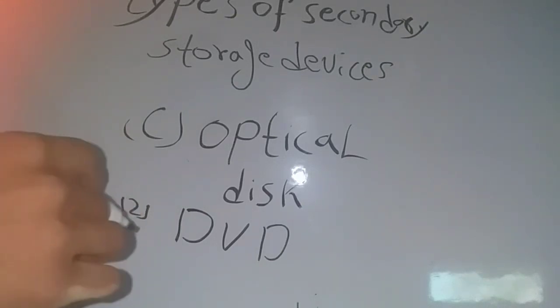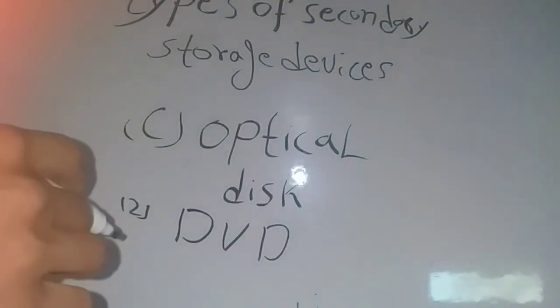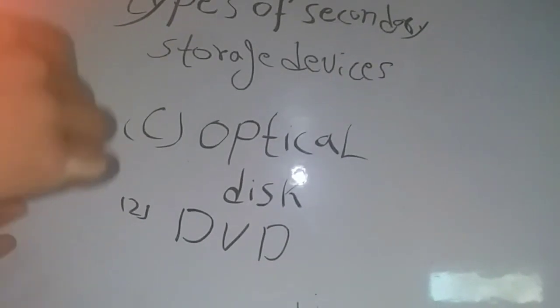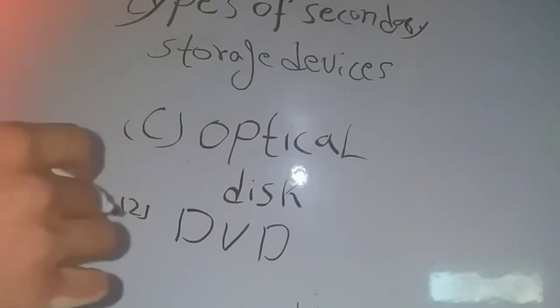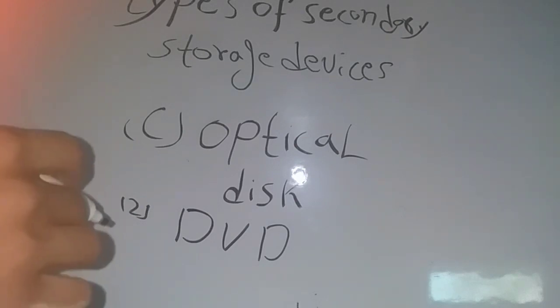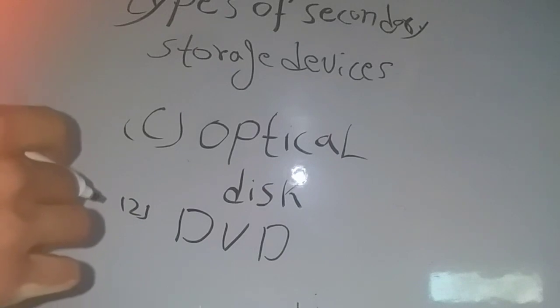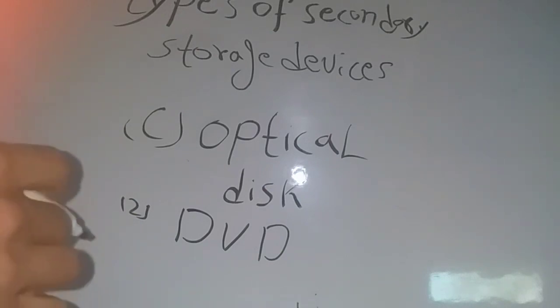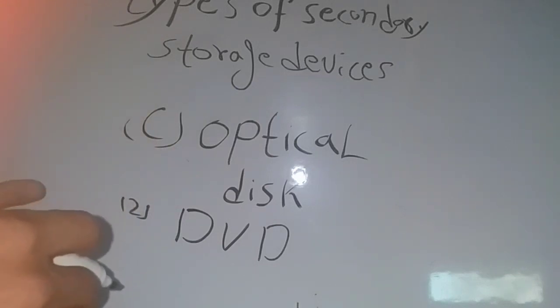DVD is very similar to CD but has larger data storage capacity, about ten times more. It has replaced the video tapes that were used in the past for storing movies. A DVD writer or player is used to read the data stored.